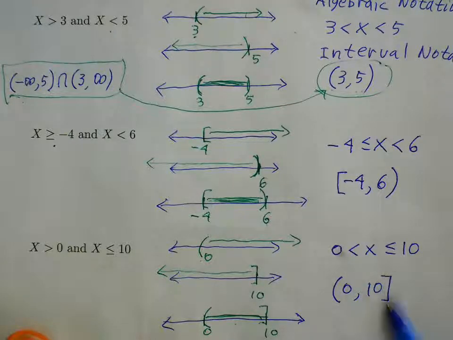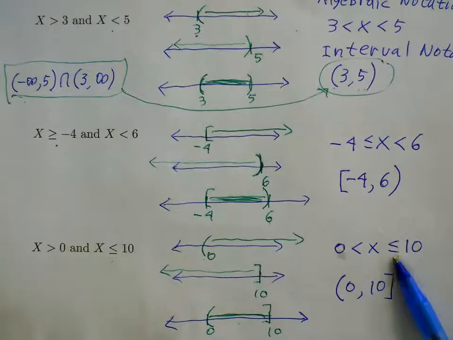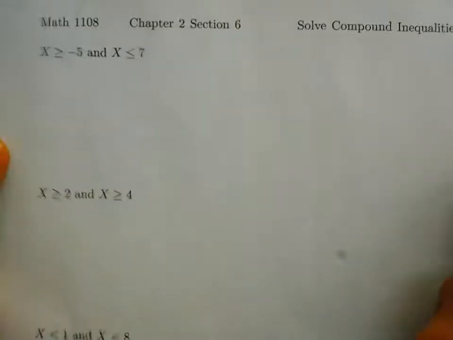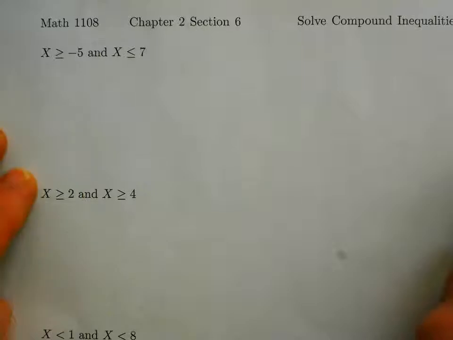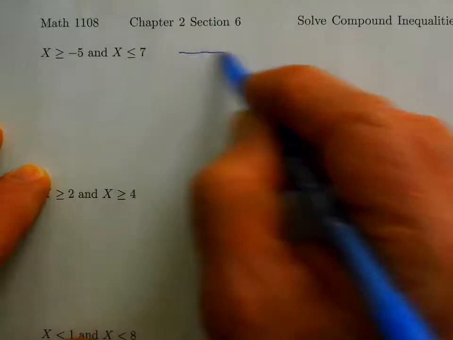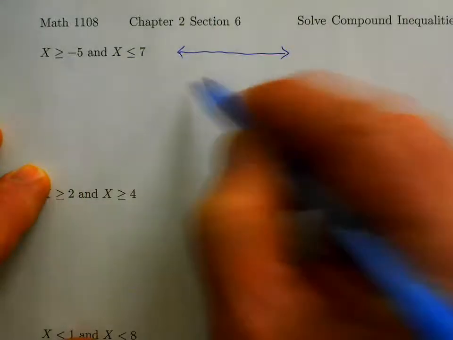A bracket corresponds to an inequality with the or equal to part. Okay, more of the same. This one, x is greater than or equal to -5 and x is less than or equal to 7. So we'll do the number line overlap method.